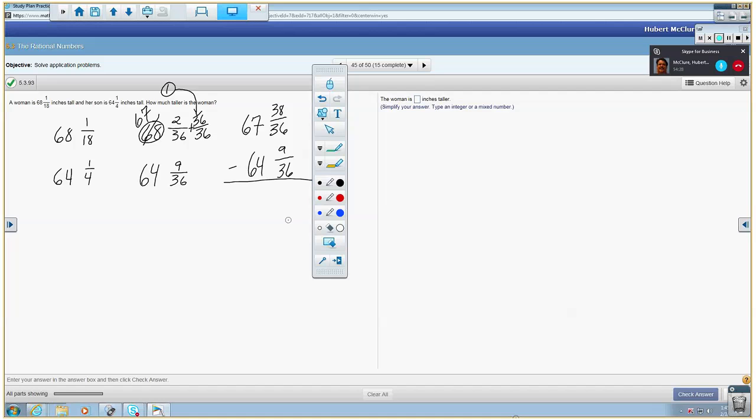And 67 minus 64 is 3. And 38 minus 9 is 29 over 36. Now, let's talk about this. Is it close to 4? No. Why?